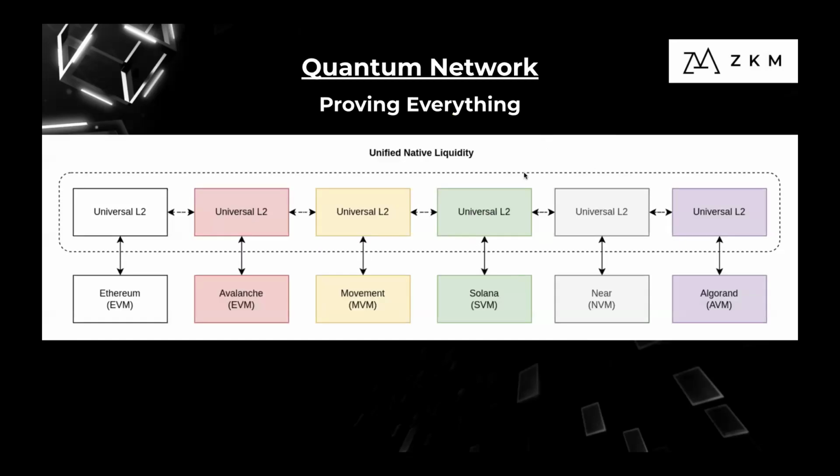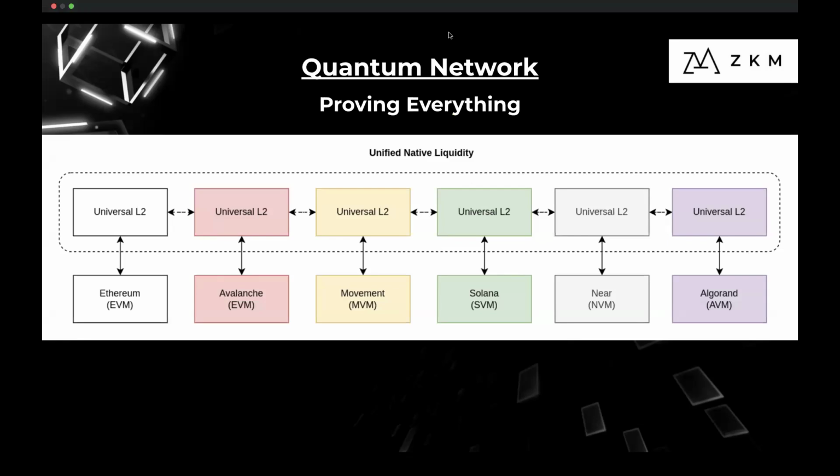Now, looking at the bigger picture with our quantum network, this is our overall vision. We're communicating to these different types of blockchains through L2s. So users can deposit assets into L2s, which can process transactions generally more efficiently. They overall have much greater scalability as well.